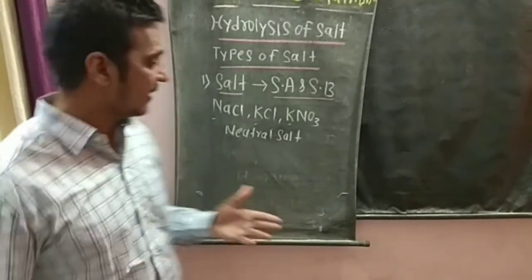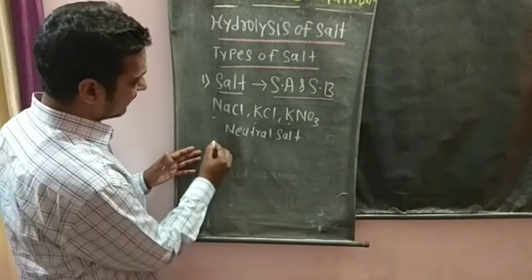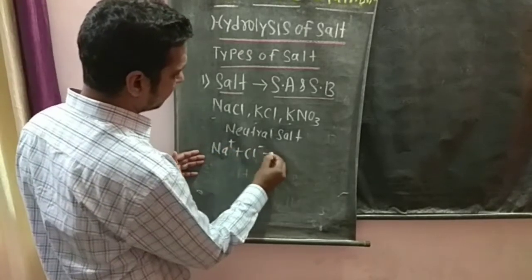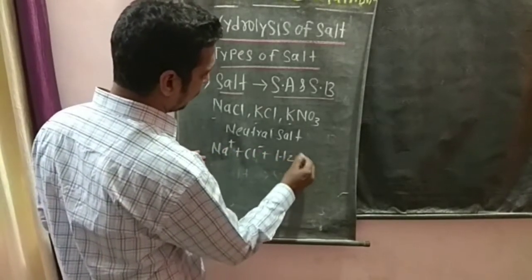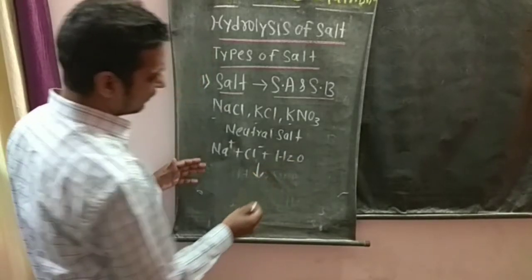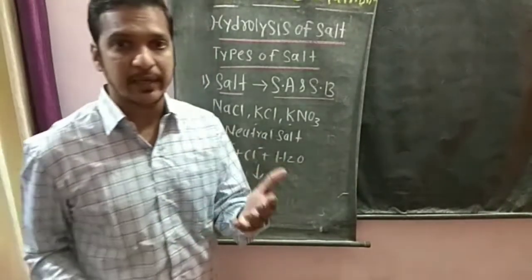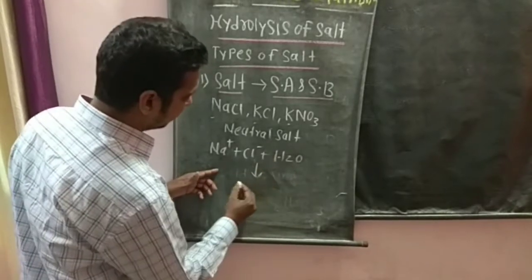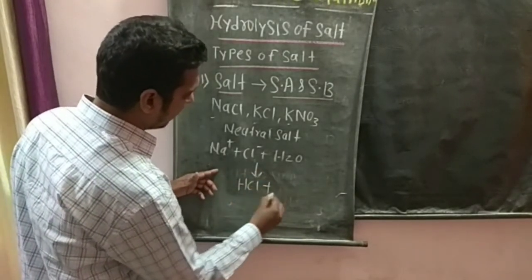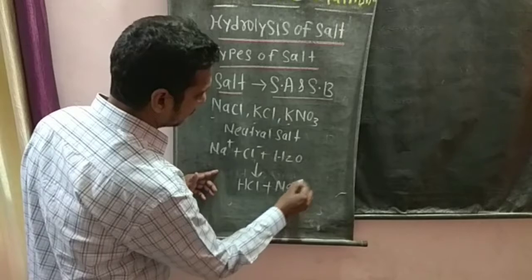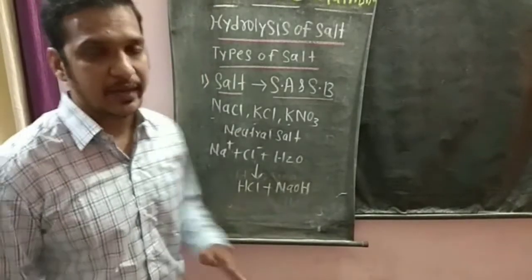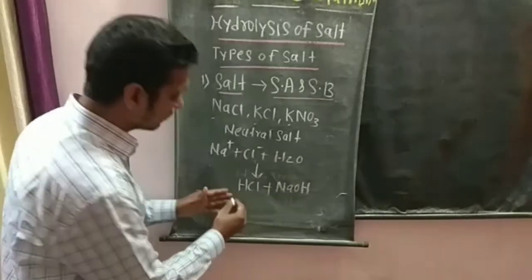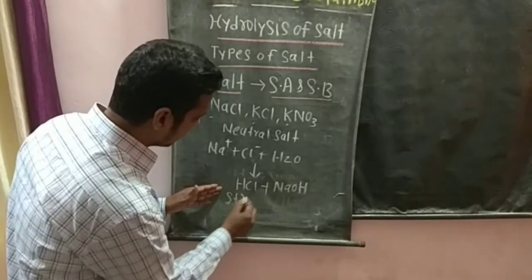In other words, we can say that if Na plus and Cl minus reacted with water H2O, they would form again a strong acid, HCl, and a strong base, NaOH, which are called strong electrolytes.